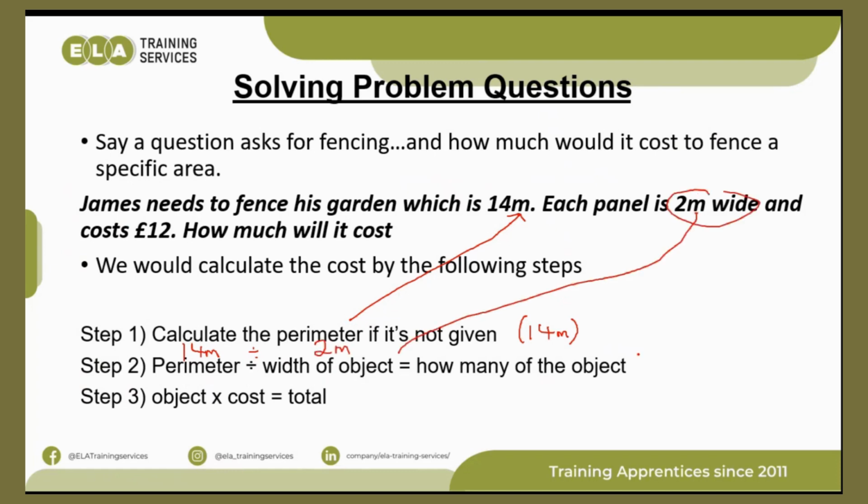So 14 divided by 2, we need 7 fence panels. Now, if this was 7.2 or 9.3, you would round it up, because obviously we can't get 7.2 fence panels. And then finally, to do the cost, we do 7 fence panels multiplied by £12, and our total cost is £84.